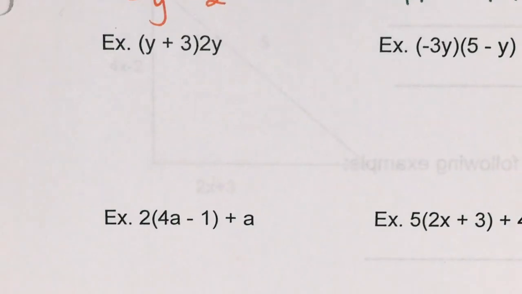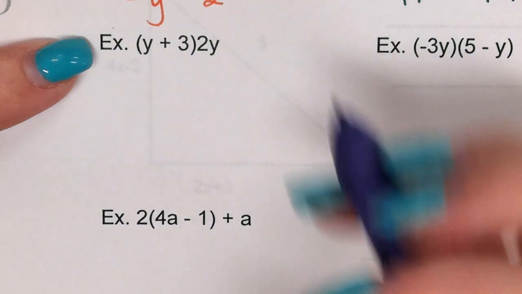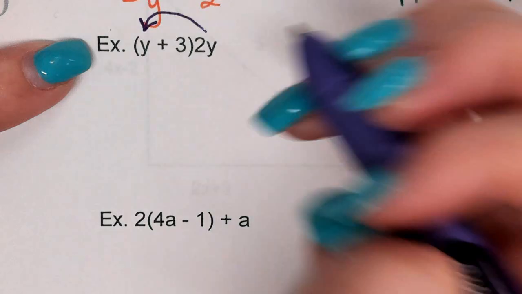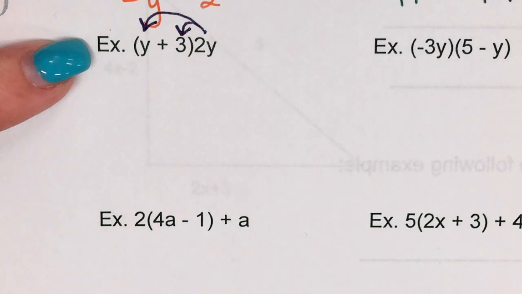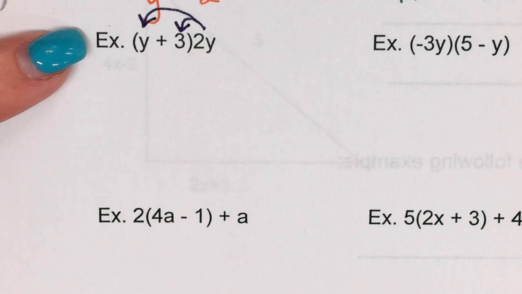Okay, let's look at the next one. On this one, I am going to distribute 2y to everything in parentheses. So I'm going to multiply 2y times y and 2y times 3. What is 2y times y? 2y squared.